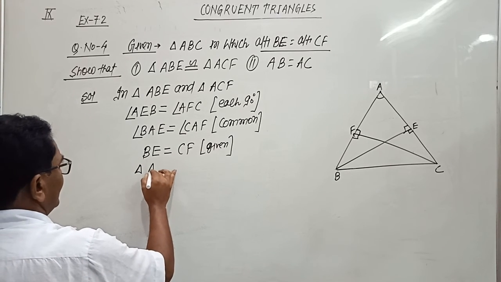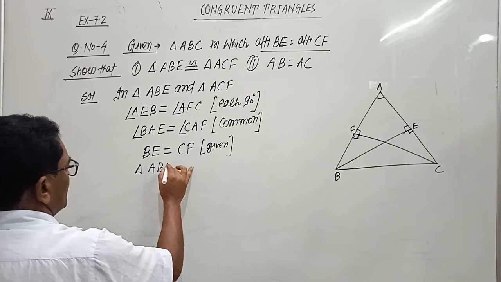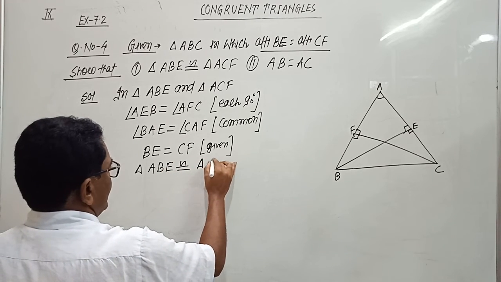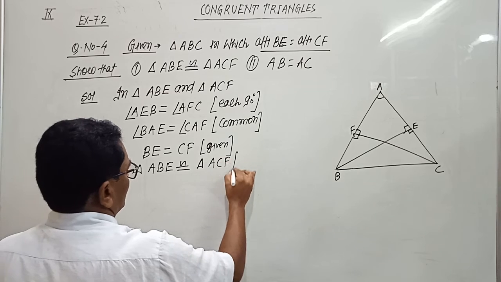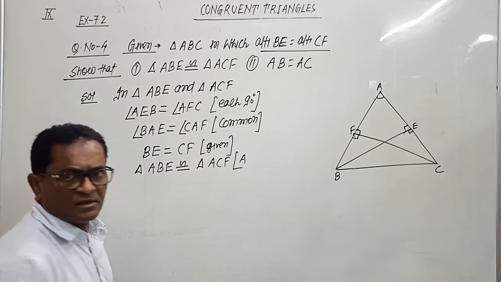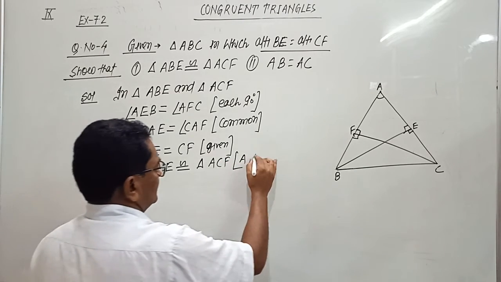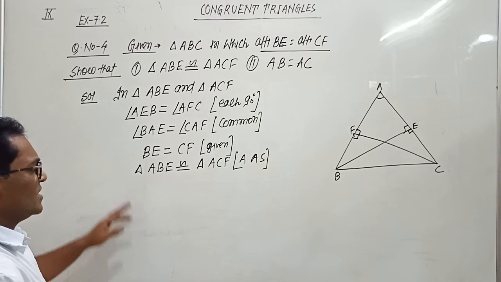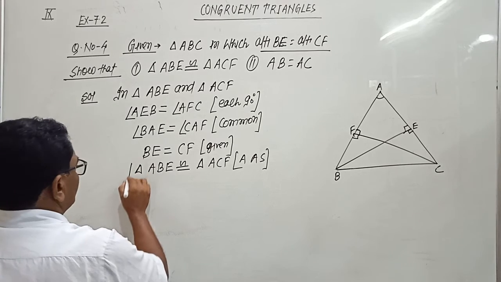So triangle ABE is congruent to triangle ACF by AAS, and the first part has been proved.